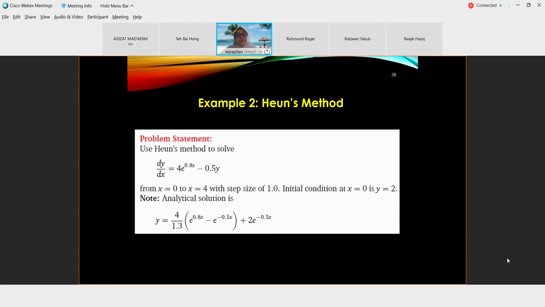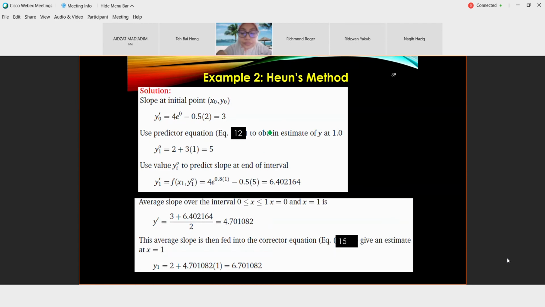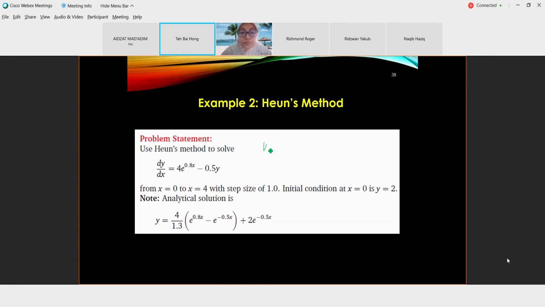Okay. So now this example 2 uses the Heun method. Can you give me the equation for the Heun method? The general method is y(i+1) equal to yi plus a1 k1 plus a2 k2, times h.